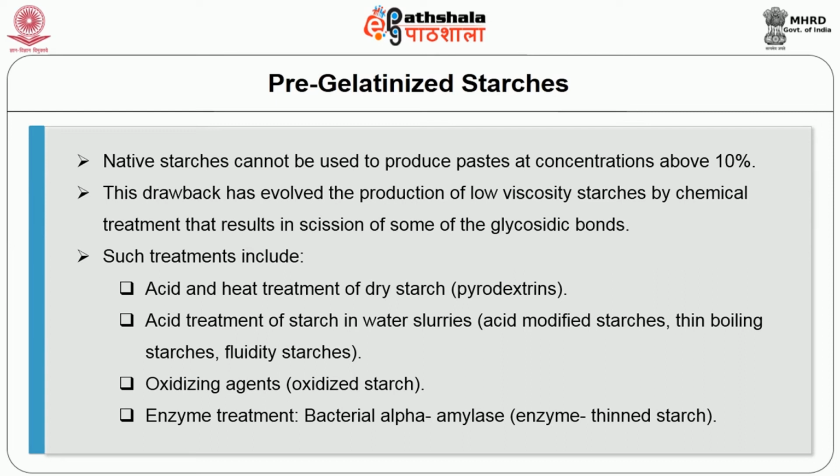Such treatments include acid and heat treatment of dry starch, that is pyrodextrins; acid treatment of starch in water slurries, for example acid modified starches, thin boiling starches and fluidity starches. Oxidizing agents include oxidized starch. Enzyme treatment includes bacterial alpha amylase.